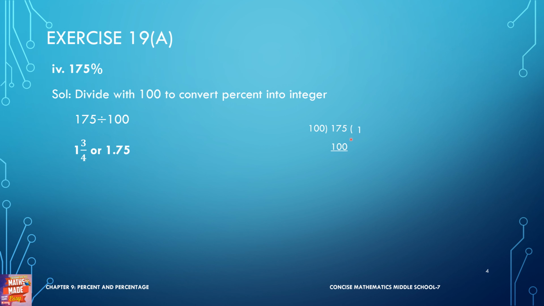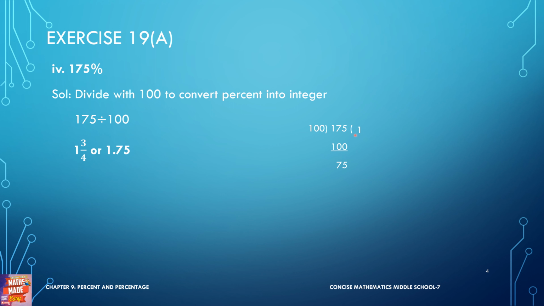So 175 minus 100 will be 75. Further than this, if you want to divide it, you need to place a point and start dividing it, right? So it will make our problem lengthier, and we will get the answer in points, but we need it in fraction, right?